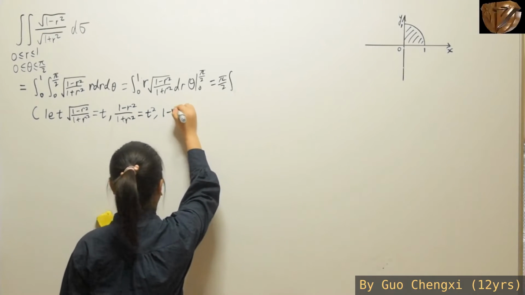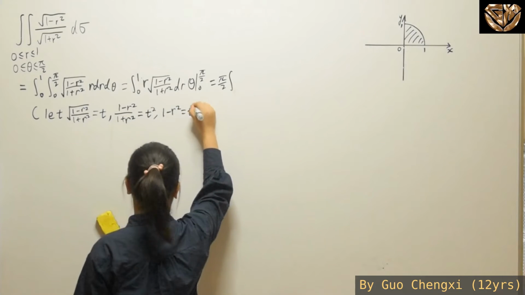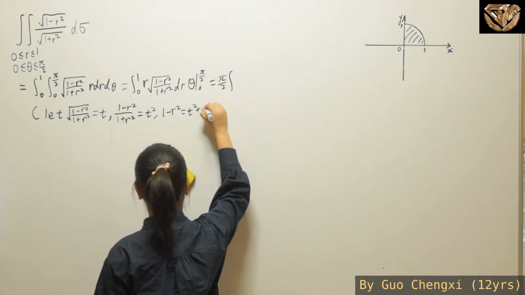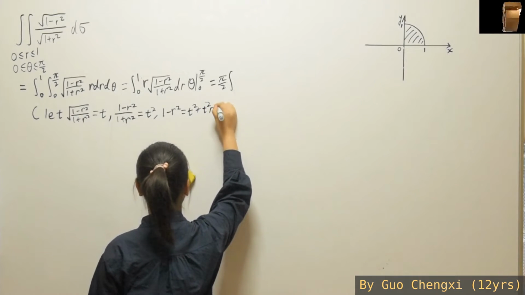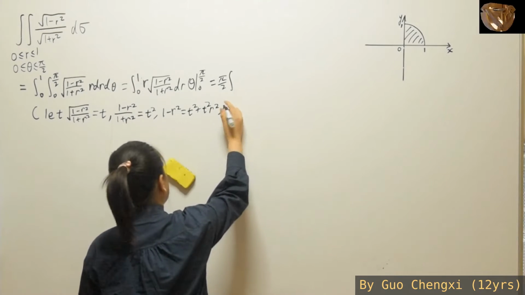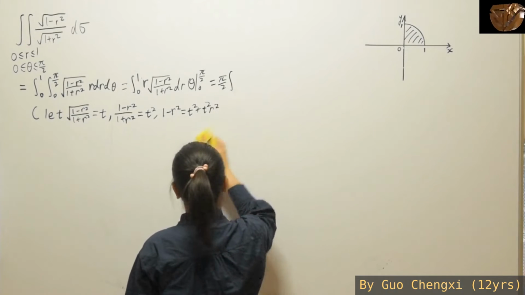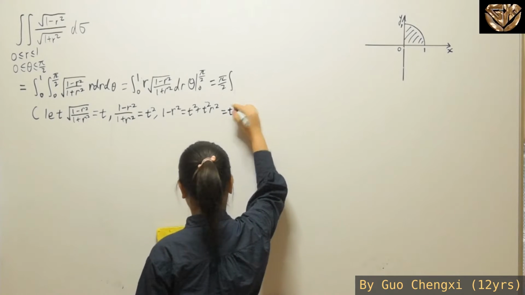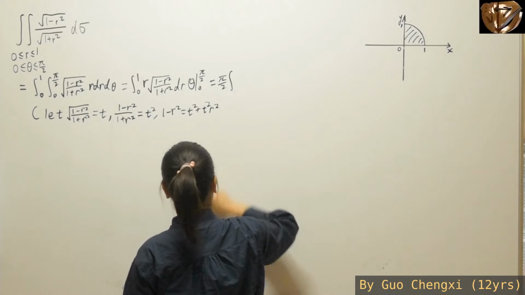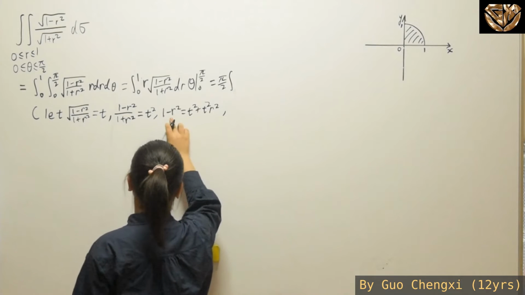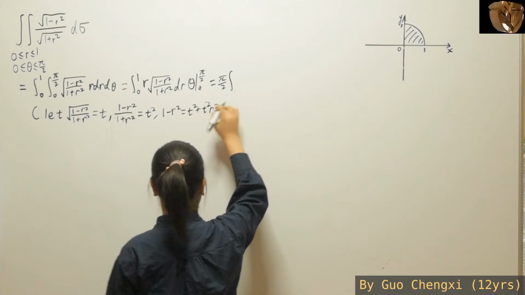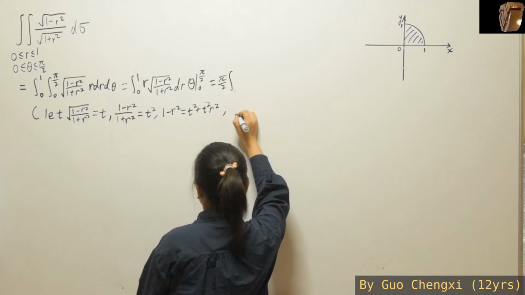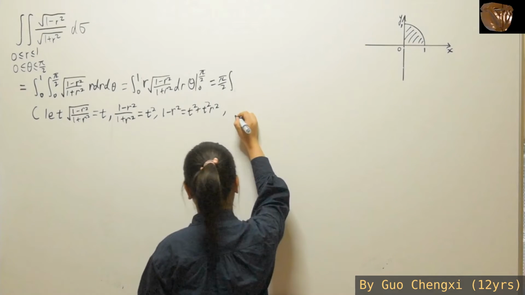Meaning that 1 minus r squared is equal to t squared plus t squared r squared. And showing that for t squared r squared, we can take out the t squared, and you put the r squared for this part. So you know what t is equal to, so you also have to know what r is equal to for later on.